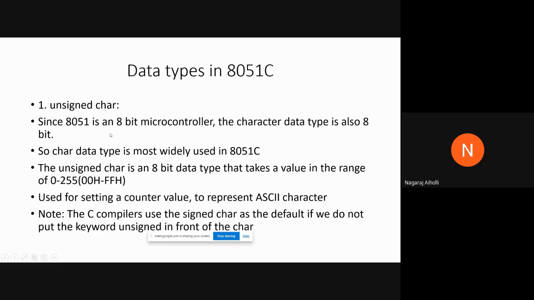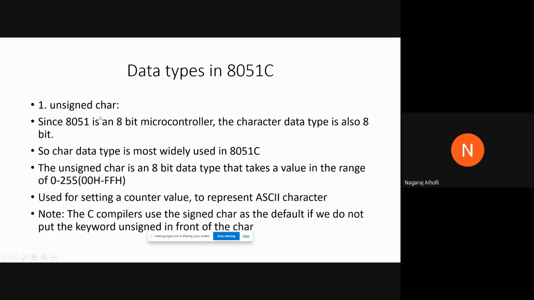Now there is one point regarding the unsigned character. If we do not mention the data type as unsigned character, then by default the data type is taken as signed character. That means we have to use the keyword unsigned before the CHAR. If we do not use it, the microcontroller will assume it is a signed character.